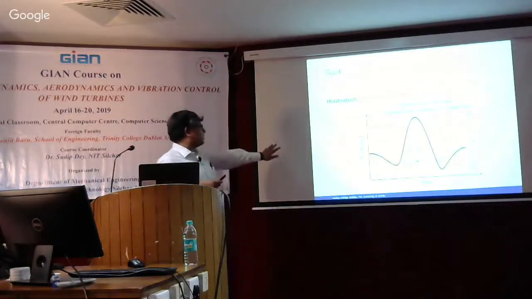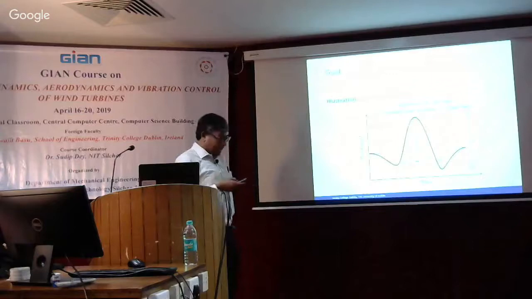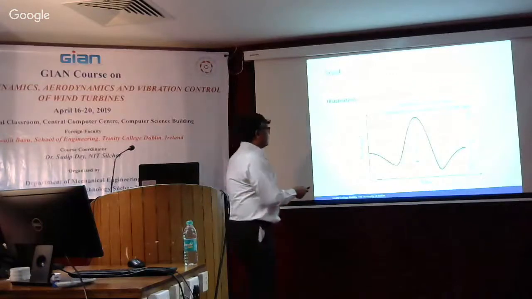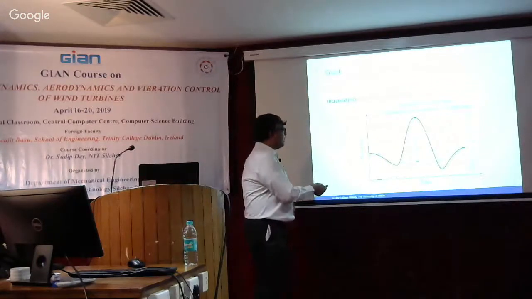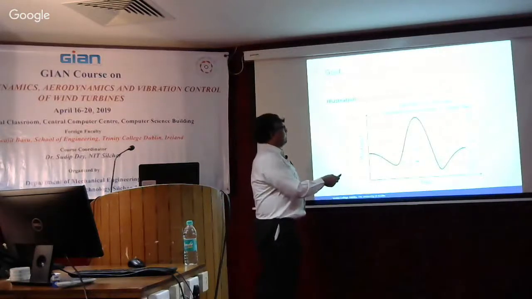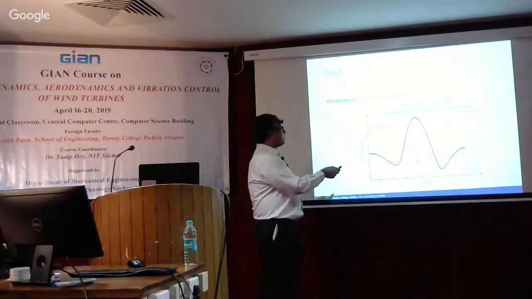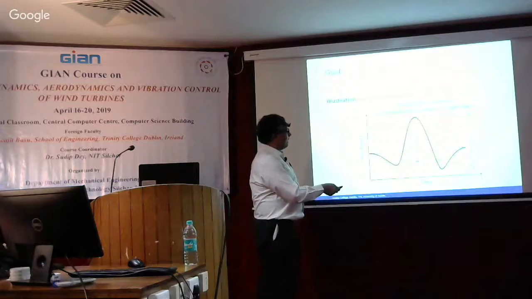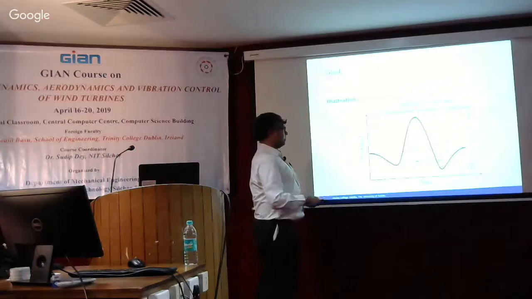But this is the signature of the gust. You can see that there's an initial drop in the wind speed, and then the speed again recovers and goes up to a certain value. This is the peak here. The first trough is here, and then it falls again. In fact, the second trough is at a lower value than the first one, and then it goes back to the original.